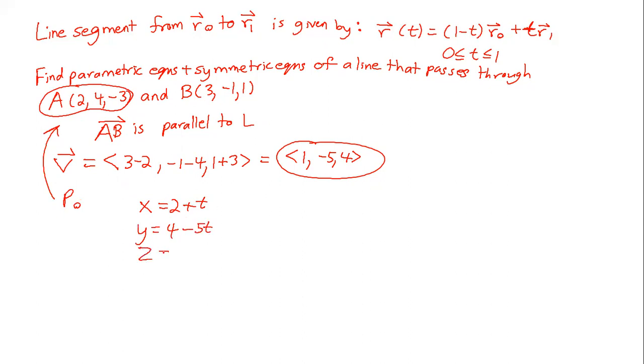And z is equal to -3 plus 4t. Here are the parametric equations, and the symmetric equations are what we get if we solve each one for t: x minus 2 equals y minus 4 over -5, and that equals z plus 3 over 4.